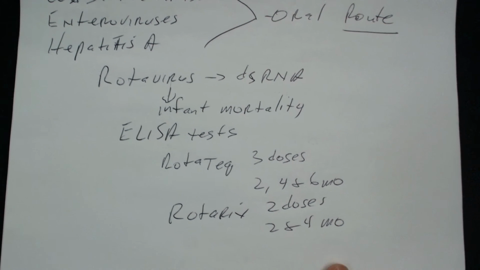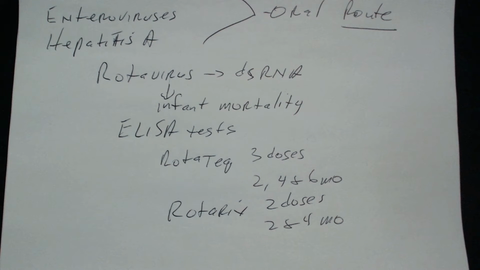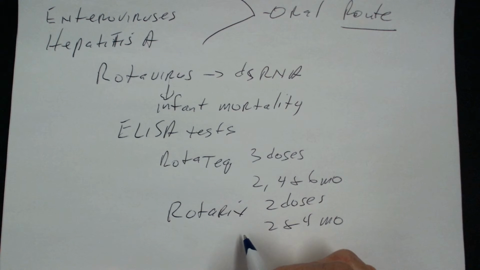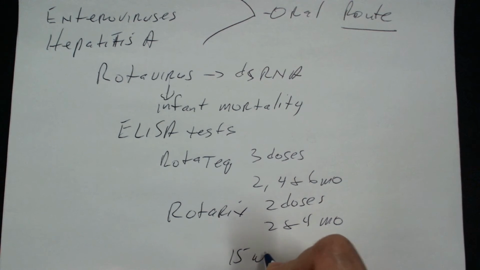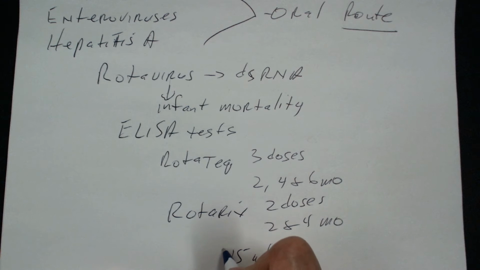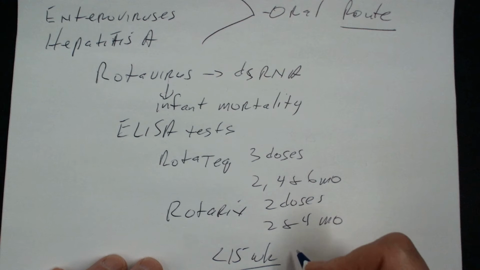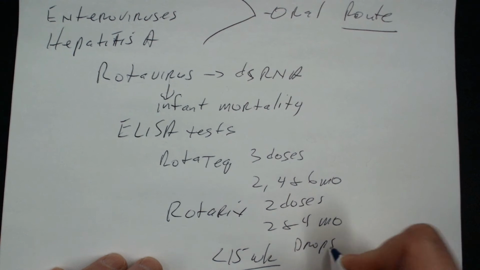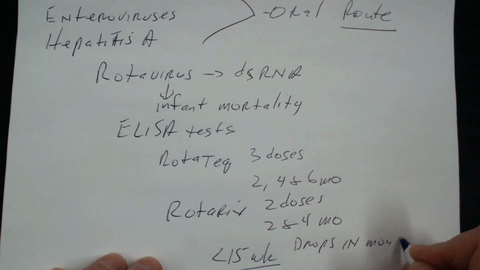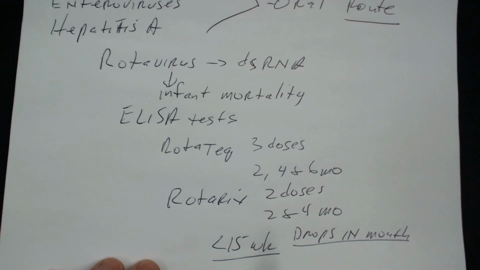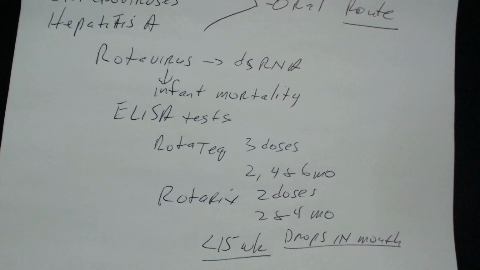I'm pretty sure I have that right. First dose should be given before a child is 15 weeks old, so give it before. There's no injection. You put drops in the mouth. And getting this vaccine widely distributed can really decrease a lot of mortality and morbidity in the developing countries.